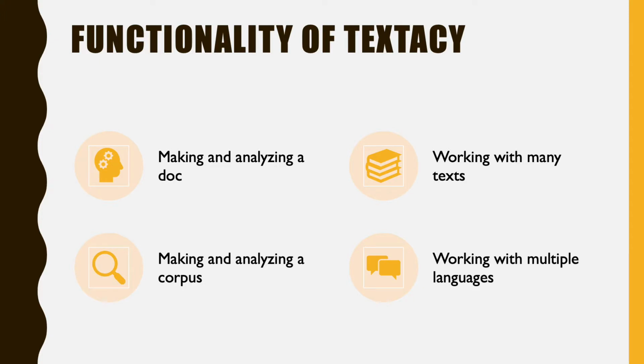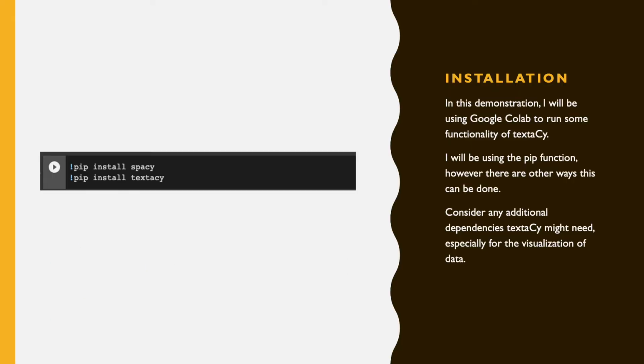Some additional functionality to discuss is the ability to work with text, make a doc, analyze a doc, the ability to work with many texts at one time, make a corpus, analyze a corpus, and the ability to work with multiple languages. Before showing some functions of Textacy, I will briefly cover the installation process.